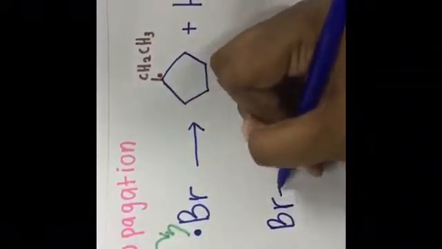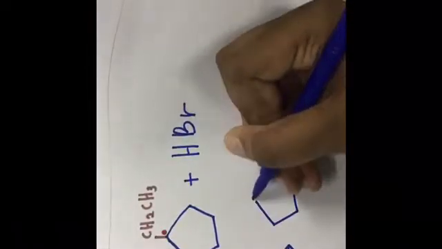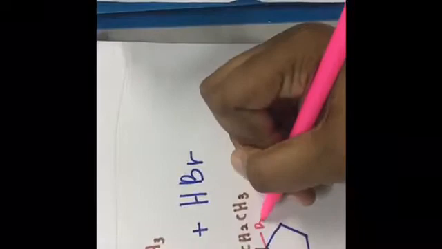And we must break the bond of Br2, which means one of the bonds goes with the compound and the other to the other Br. And it will produce the compound with Br plus Br dot. The Br replaces the hydrogen.